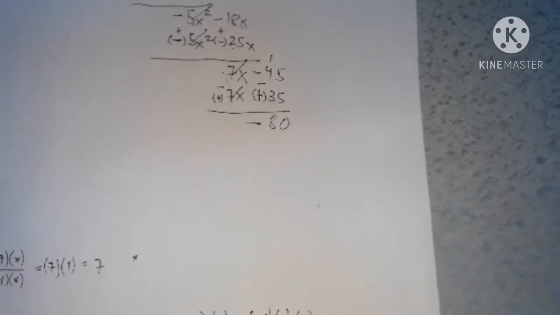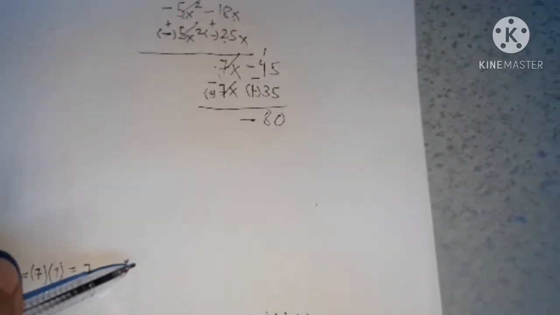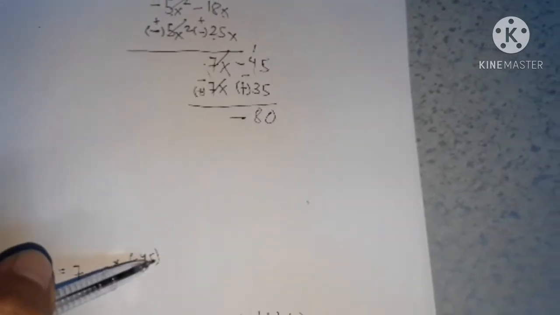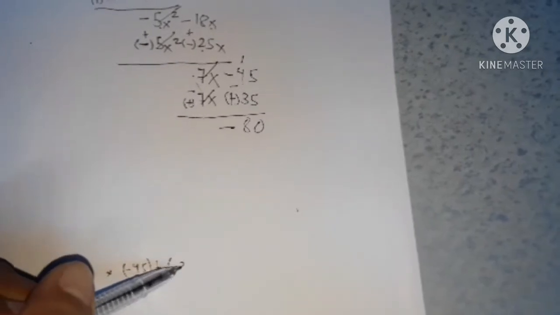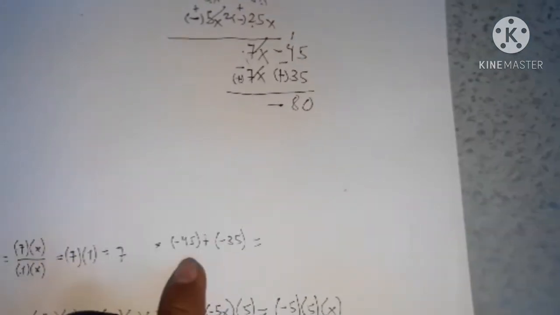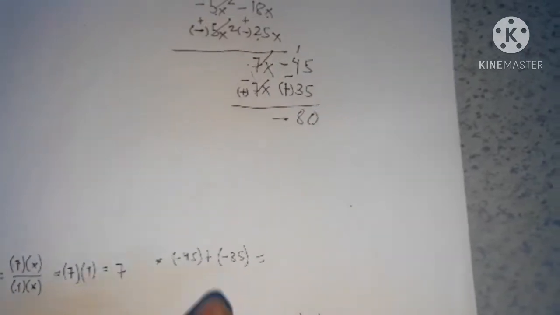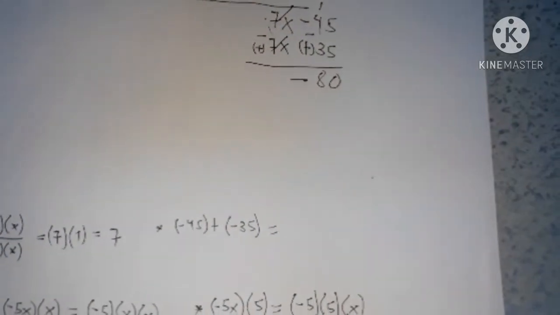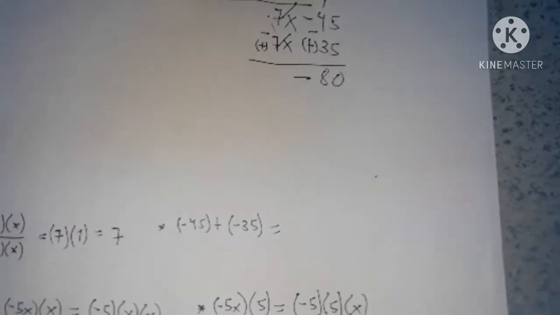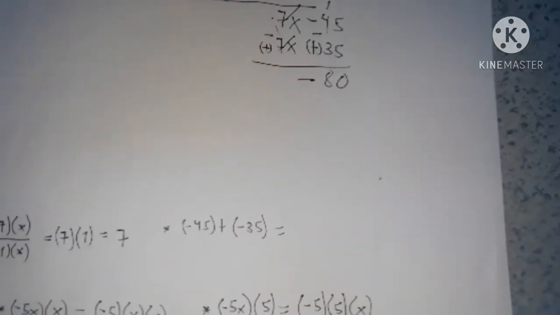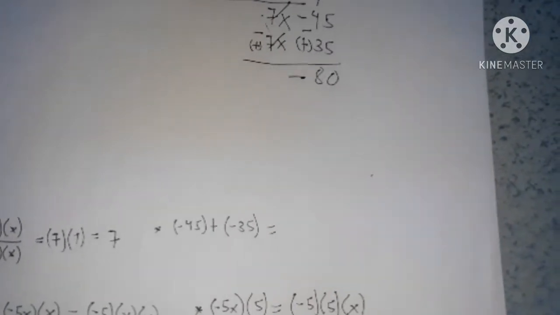So, paano naging negative 80 yung remainder? You have negative 45 plus negative 35. So, ito. Nag-a-add tayo ng dalawang signed numbers na this time may magkaparehas na sign. So, paano daw tayo nag-a-add ng signed numbers na may magkaparehas na sign? So, simply add the numbers and then copy the common sign.